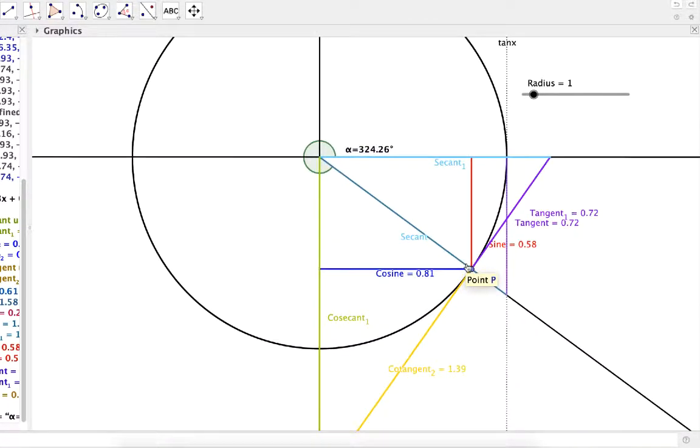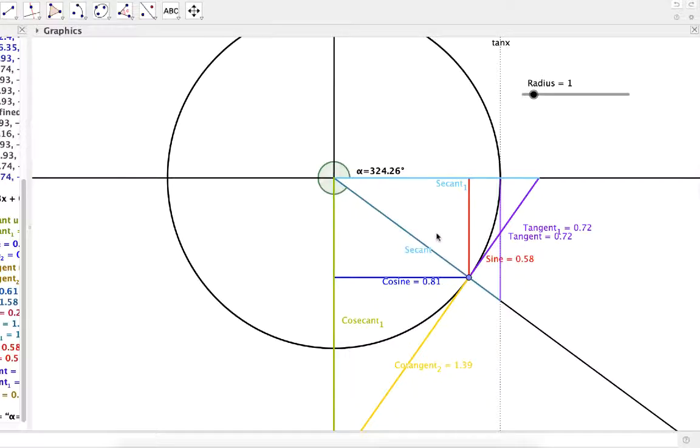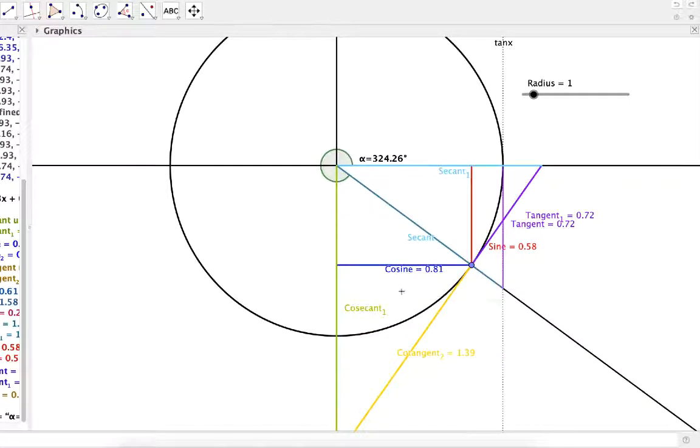So in the fourth quadrant, we're going to be able to see that sine is negative because we're going from the x-axis, that's orthogonal to the x-axis, to the point P in the negative y direction. So this sine is going to be negative. Cosine is going to be positive because we're going in the positive x direction from the y-axis.